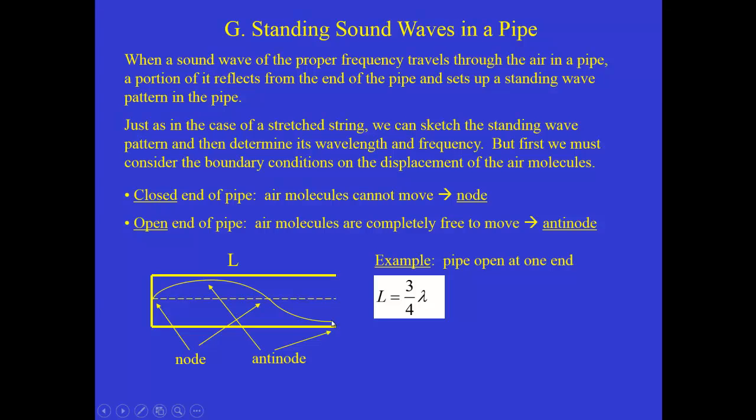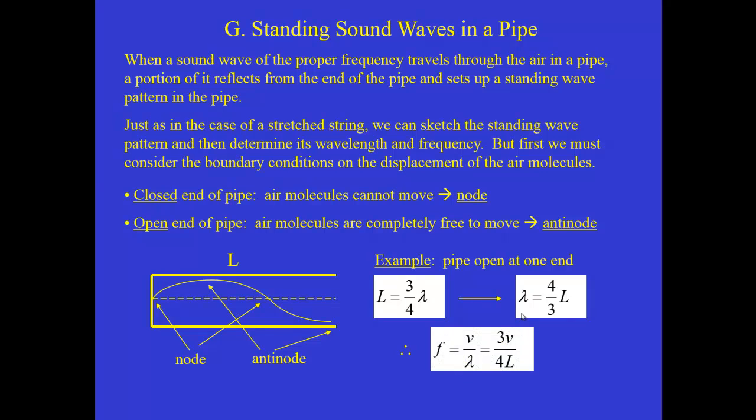To make a complete wavelength, the wave would have to go a little bit further outside of the pipe. And so the relationship between length and wavelength is given by L equals 3/4 the wavelength. If we solve that for the wavelength, we see that the wavelength is 4/3 times the length of the pipe. And of course, sound waves obey the same kind of relationship that all waves do. The frequency is equal to the velocity divided by the wavelength.